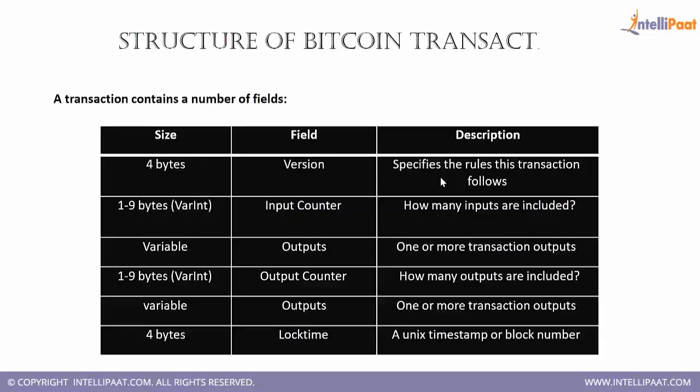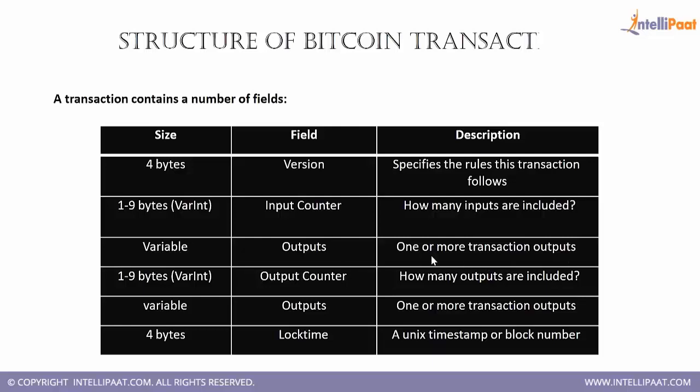You have the version number, which specifies the rules this transaction follows. These rules are the conditions that must be met for the transaction to happen. Then your input counter, how many inputs are included, and then one or more transaction outputs.